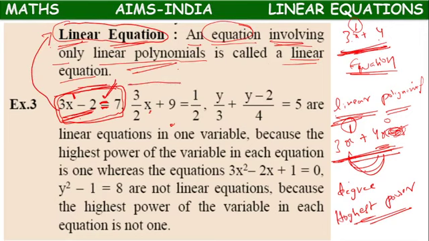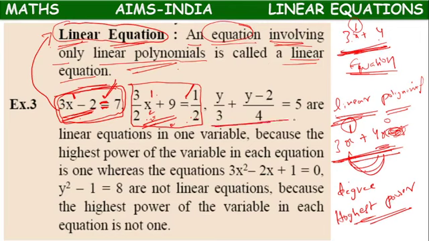In the same way, in this one also the highest power is 1, so this is a linear polynomial, equals 1 by 2 is given, that's why it is an equation, a linear equation. We can say it is a linear equation in x, because we have the variable x here.